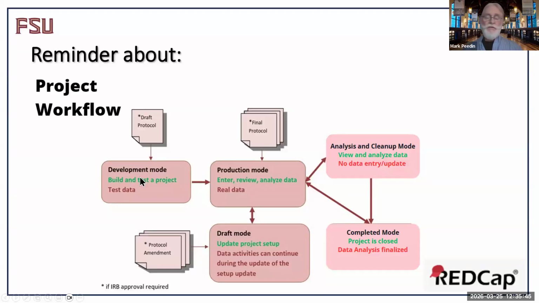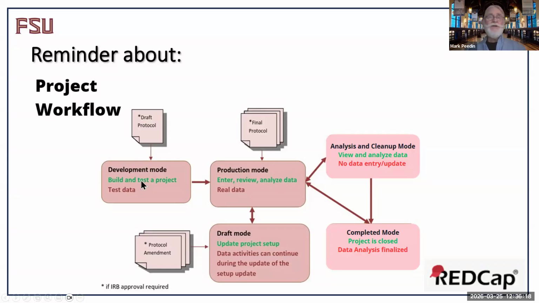They develop it with your instruments, forms and surveys, and test all the workflows, the branching, the alerts, etc. in that development mode, with test data. This is very important. I always like to remind everybody that the data you put into REDCap development should not be real data, because, as it says down here, you have to make sure that you have the approval from the IRB.